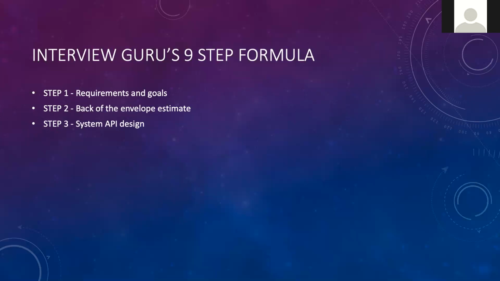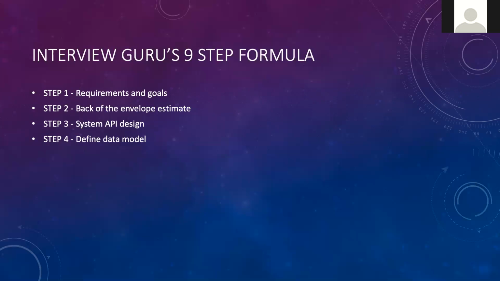Step 3, system API design. At this point, you are going to present an API for the backend, which essentially will determine how the web or client interface interacts with the backend. Step 4, you have to define the data model. This is essentially how your entities in the system are related to each other.